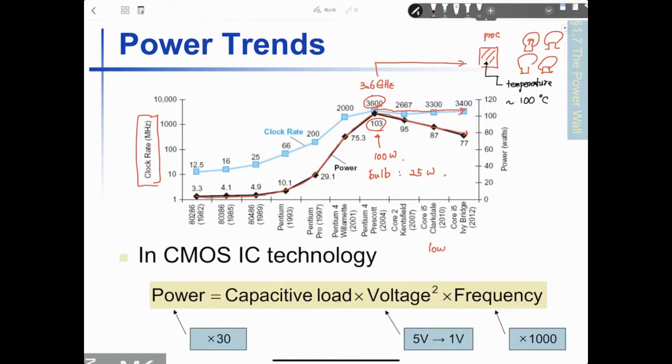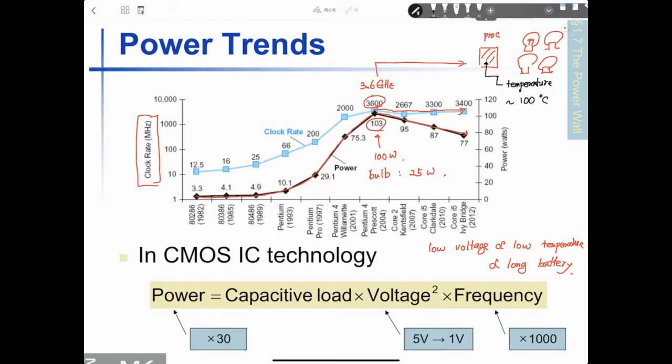Low voltage means low temperature and long battery life. Battery life is very important for mobile devices.